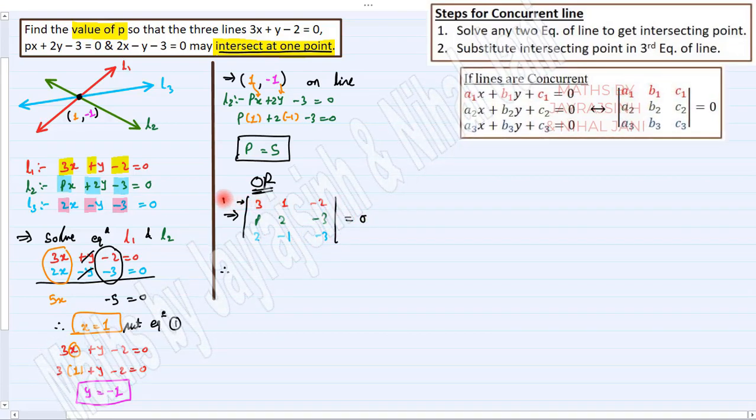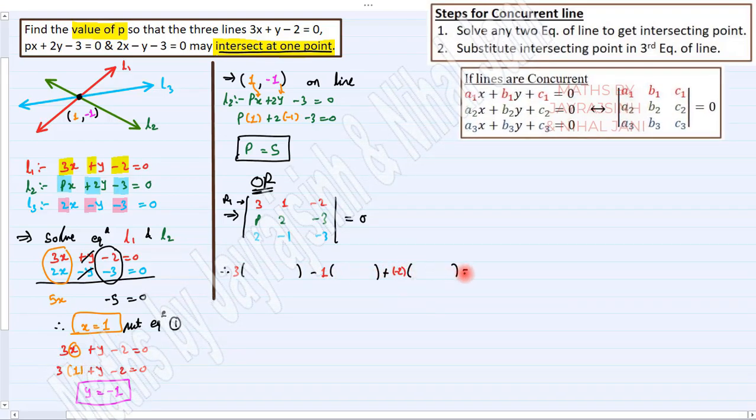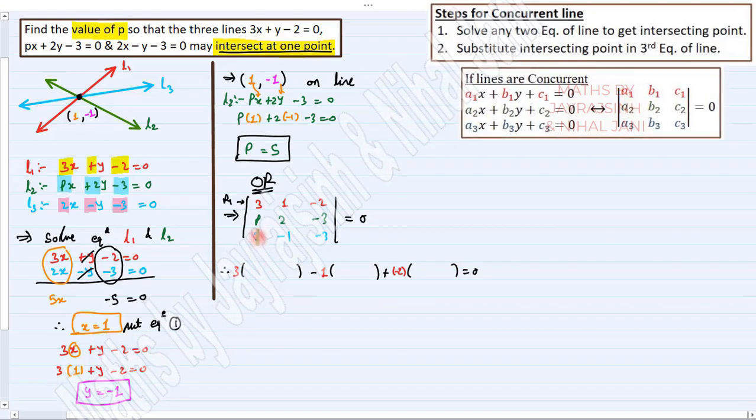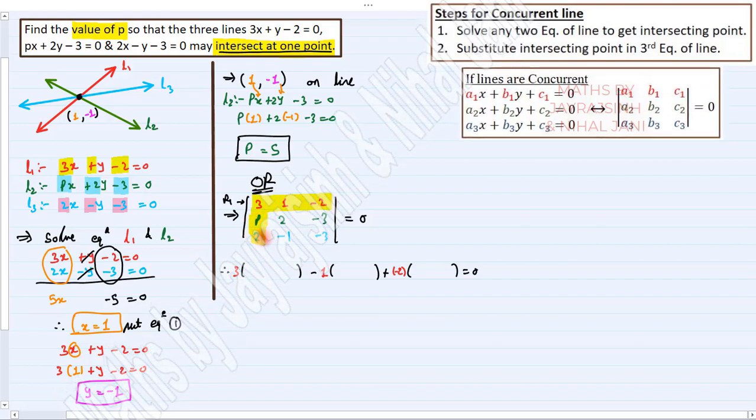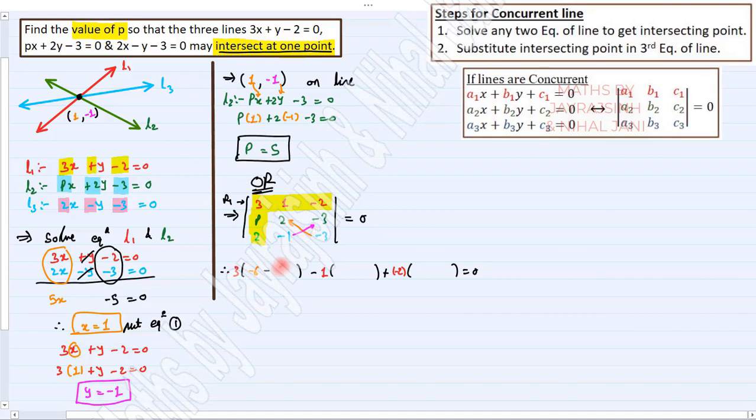Let's expand with respect to the first row. So we'll write down the elements of the first row with the proper sign. Now we just have to multiply with the cofactor. Now to fill the first bracket, you have to ignore your first row and first column and then cross multiply. Minus 3 twos are minus 6, minus 1 into minus 3 will be 3.